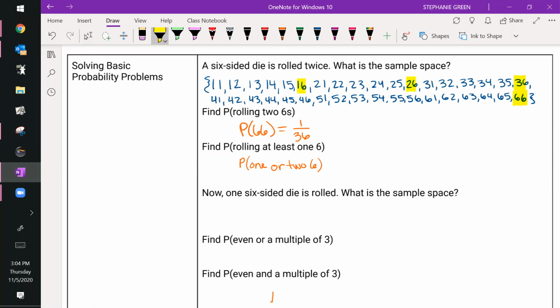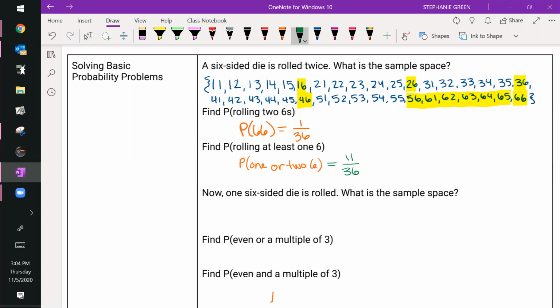We already have this one highlighted. All of these, this one, and I think I got them all. So how many did I highlight? I had 6 down here, 7, 8, 9, 10, 11. So there are 11 outcomes that have a 6, either 1 or 2 6s, out of 36 again.